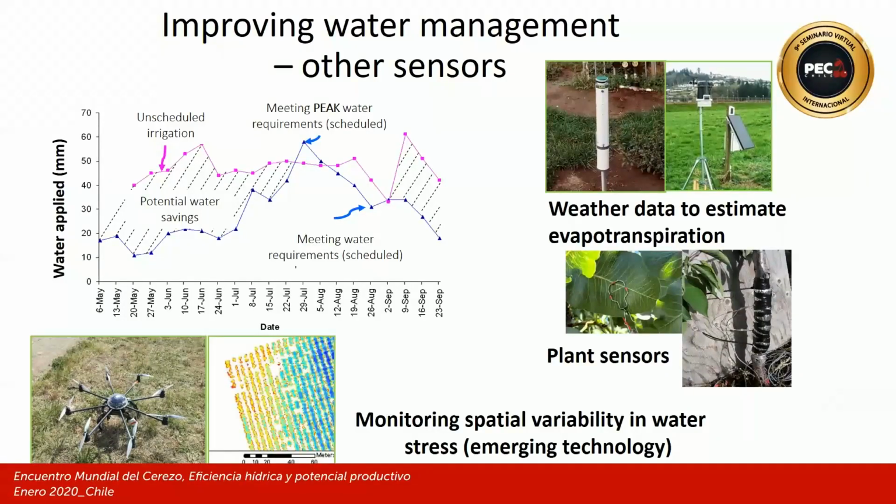Plant sensors can be used to estimate things like transpiration. This is a sap flow measure, or plant stress. These are leaf temperature sensors, and these can also be included in the mix for controlling irrigation systems.